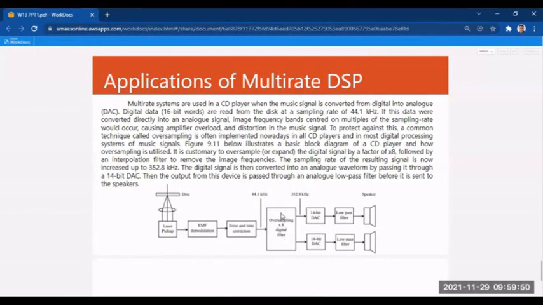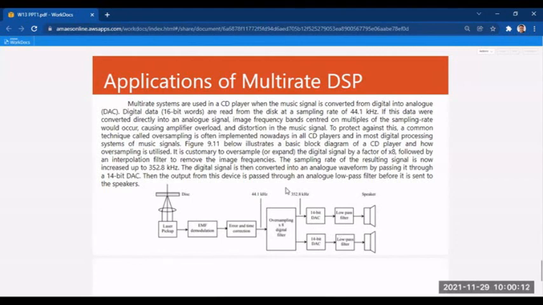Then the digital audio will be oversampled by a factor of L equals 8 to 352.8 kilohertz because 44.1 kilohertz is very low for our digital to analog converters.